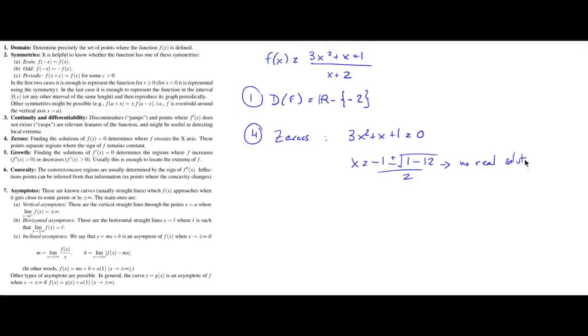There are no points in which f crosses the x-axis, so no zeros. This is a parabola that doesn't touch the x-axis.